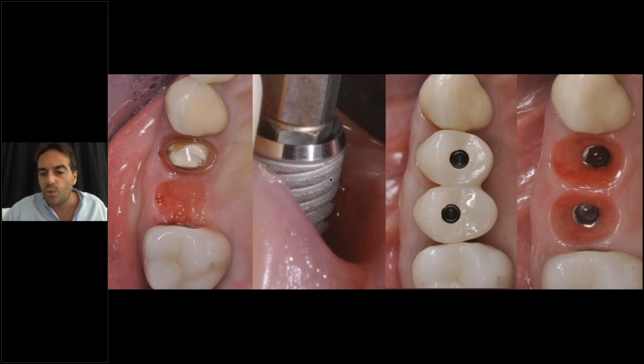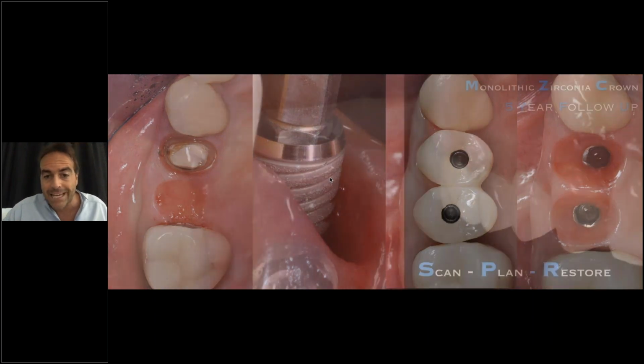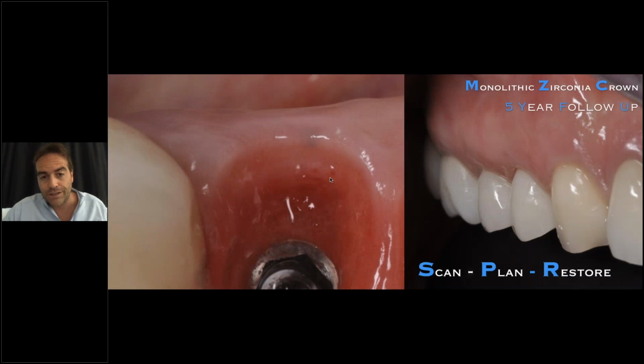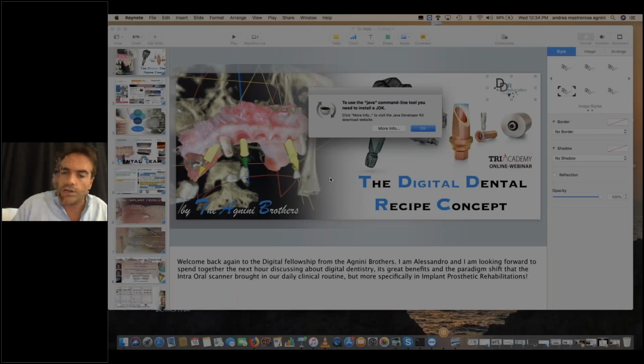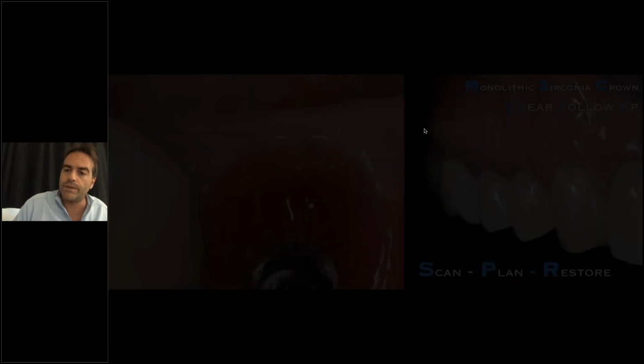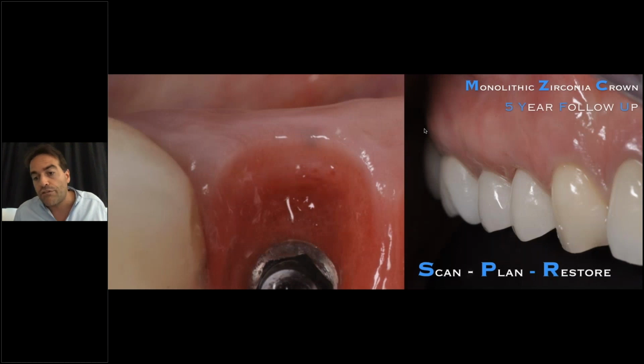So we need to know where to place the implant, how to place the implant, how to achieve primary stability in order to immediately load the provisional restoration, in order to maintain the soft tissue volume buccopalatally, and in order to finalize the restoration in one single shot, from the implant impression to the final rehabilitation, just one single appointment.